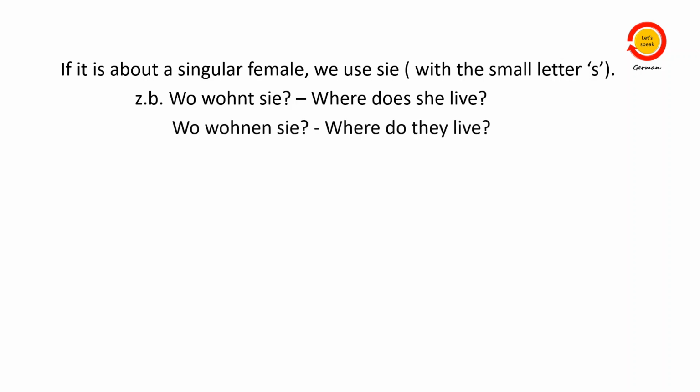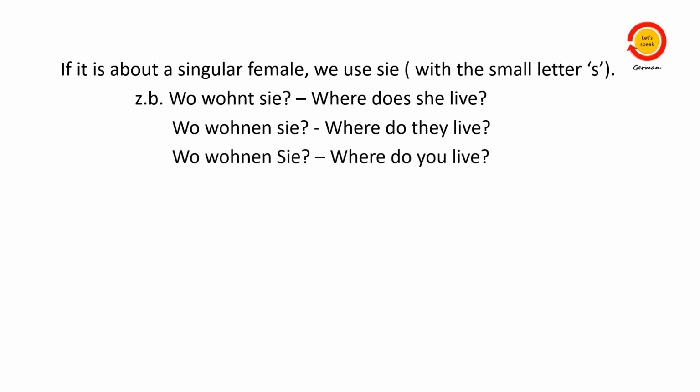Wo wohnen sie? This indicates plural form since the verb has conjugated to wohnen. Therefore, the meaning of the sentence is, where do they live? The third Sie, which is the formal you, always takes a capital letter S, no matter where it is located in the sentence.